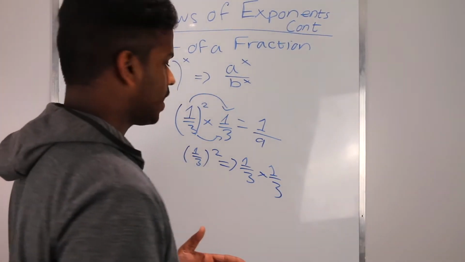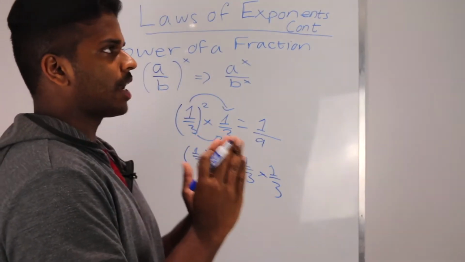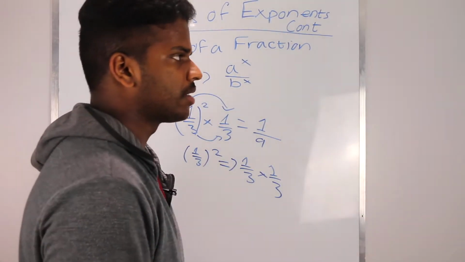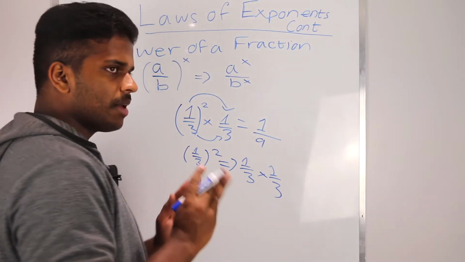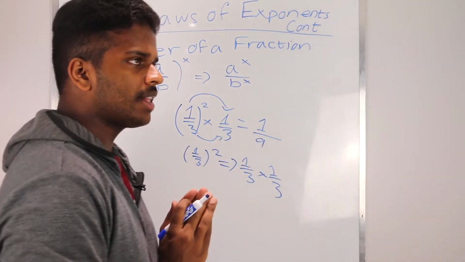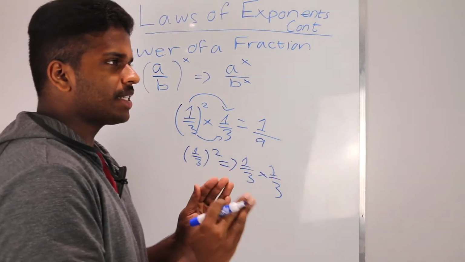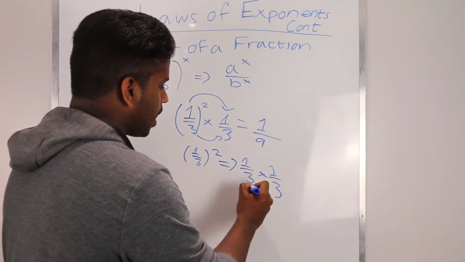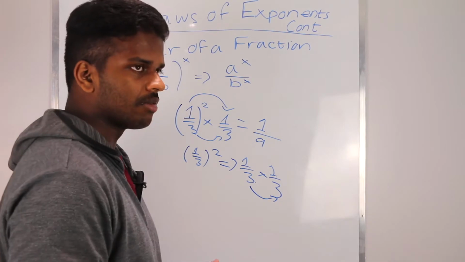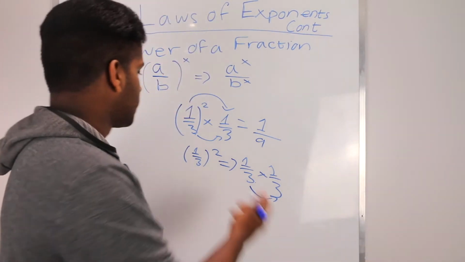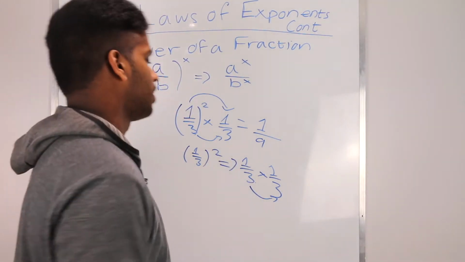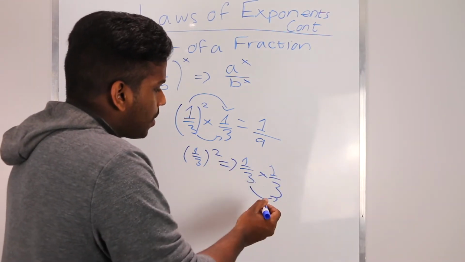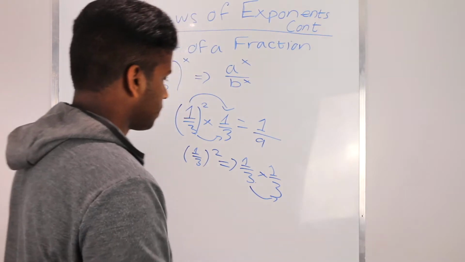When you're multiplying the numerators separately and the denominators separately, however many times is indicated by the exponent, you're multiplying the denominator by itself that many times. In this case it's 2, but if it was 3, you're multiplying your denominator by itself 3 times.